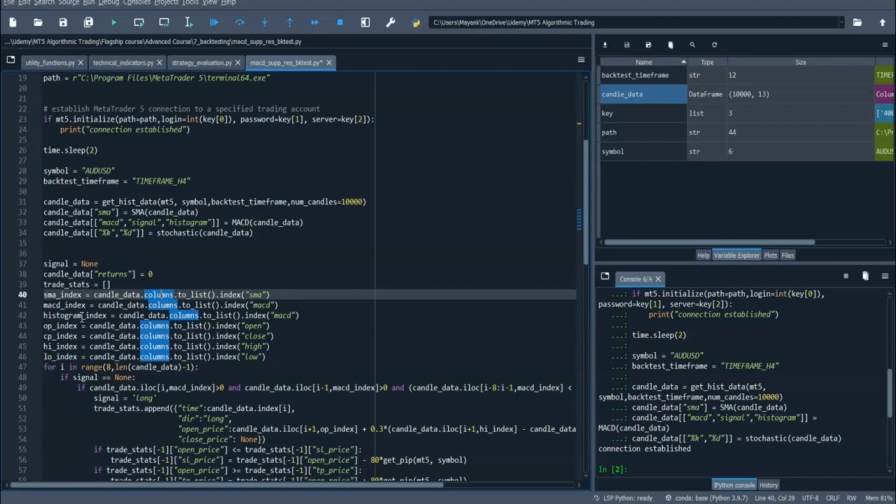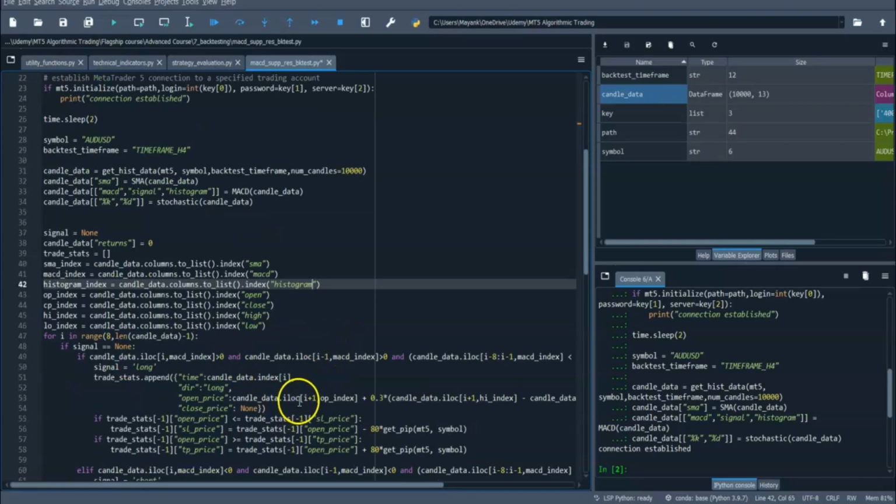So when we are saying that MACD is cutting signal from below, that means the histogram turning from negative to positive. Likewise, when we are saying that MACD cutting signal line from top, that means histogram turning from positive to negative. So I'm going to use the histogram index in this case. And here it would be histogram. And you will see once we go into the logic section, how useful this histogram is going to be.